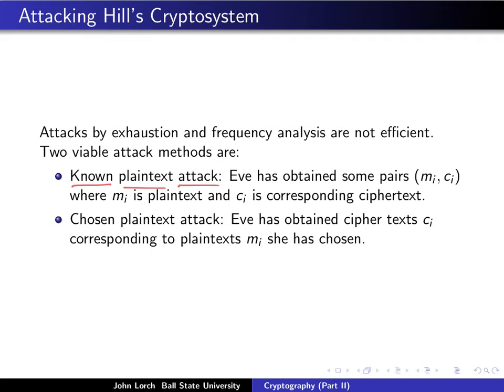If she can do that, then she can break the Hill's cryptosystem. And even better would be this chosen plaintext attack, where Eve has obtained some ciphertexts, C sub I, corresponding to plaintexts, M sub I, that she has chosen.